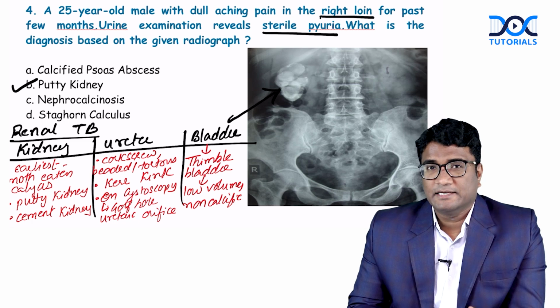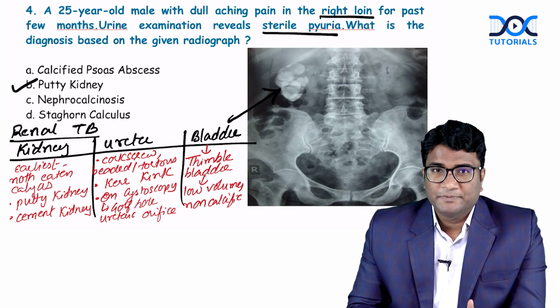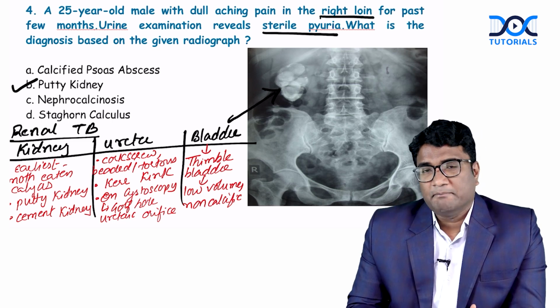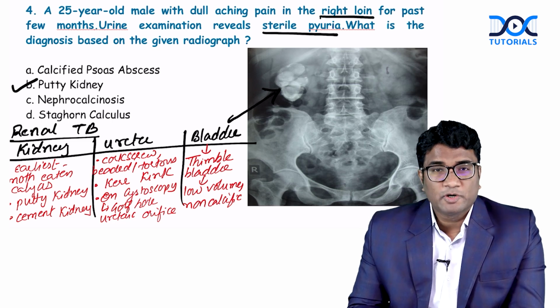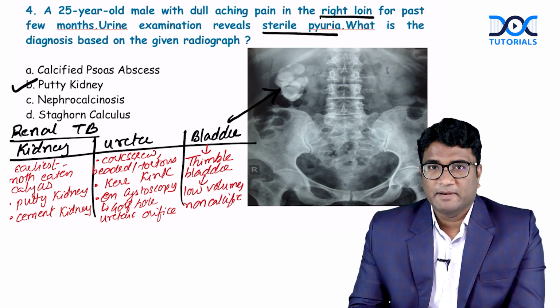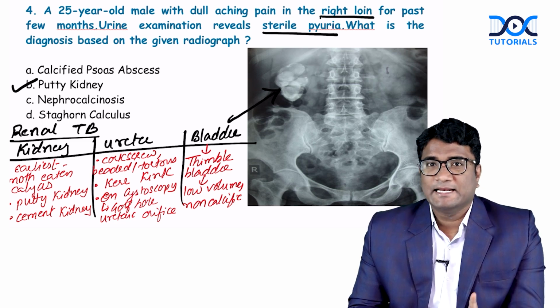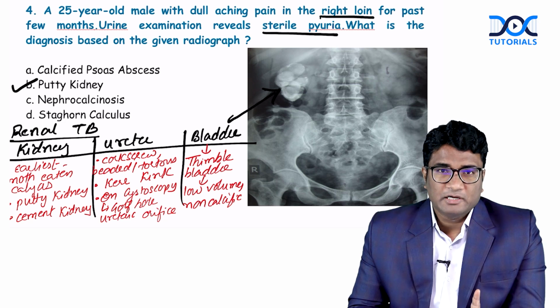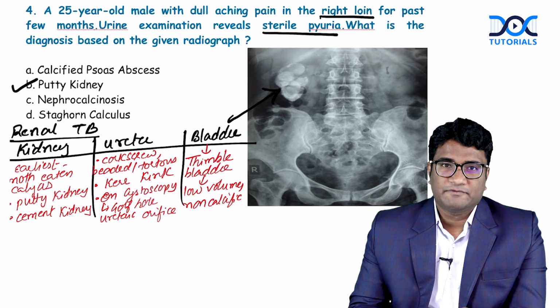The calcification of the wall of the bladder occurs in schistosomiasis, whereas the thimble bladder that occurs in tuberculosis is a non-calcific bladder. The kidney gets calcified in TB, you get putty kidney, cement kidney, but the thimble bladder seen in TB is a low volume non-calcific bladder.